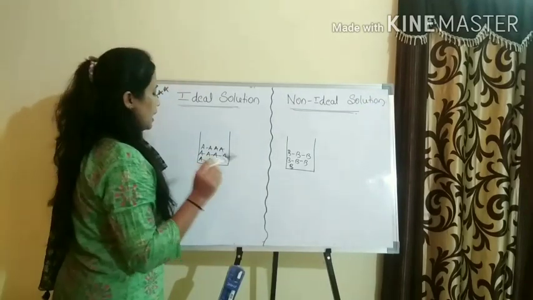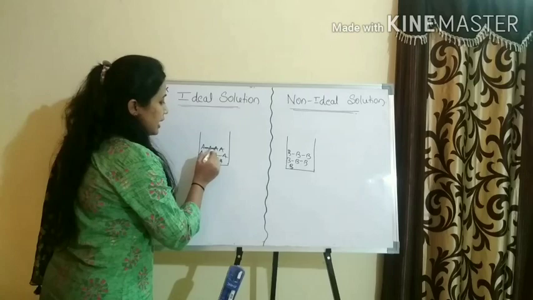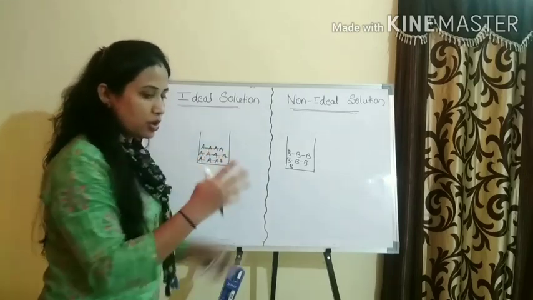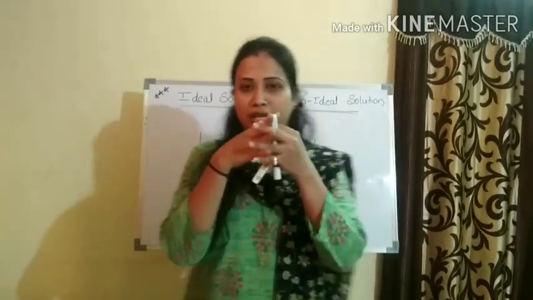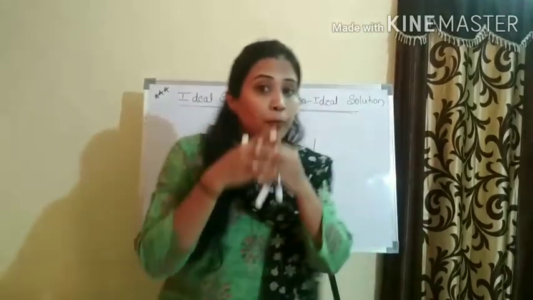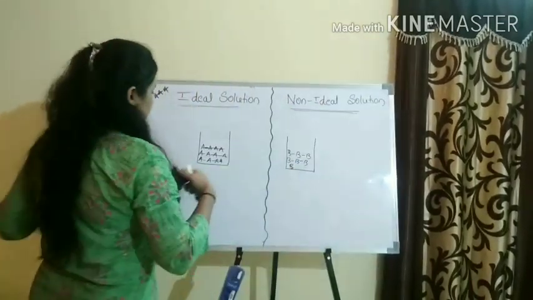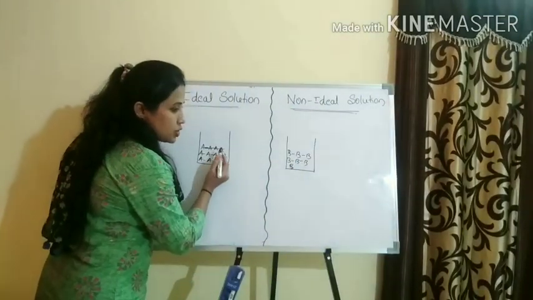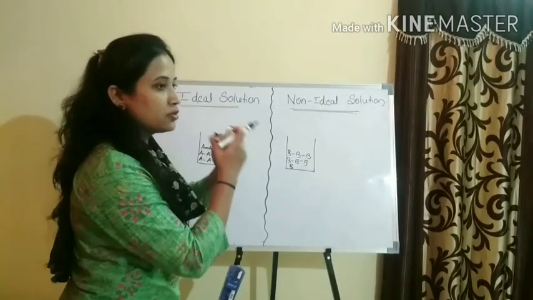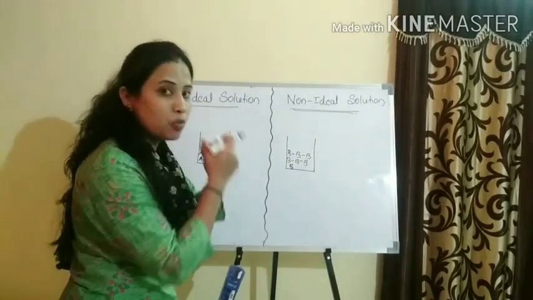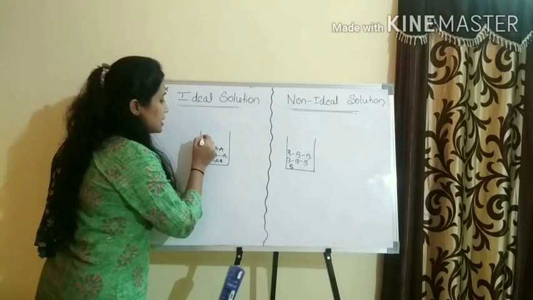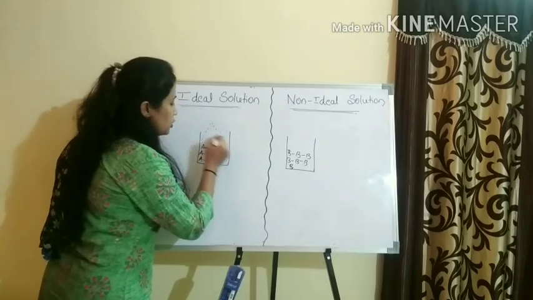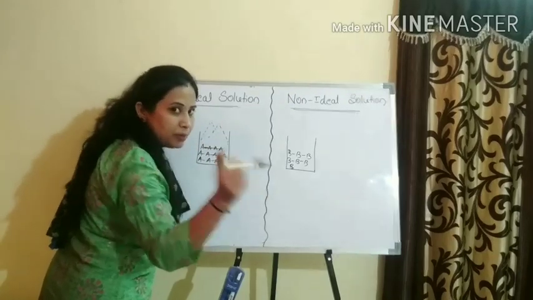If the force of holding of the AA molecules is more, if the AA molecules are strongly held with each other, the force of attraction between them is more, which means very few A molecules will move to the vapor state.